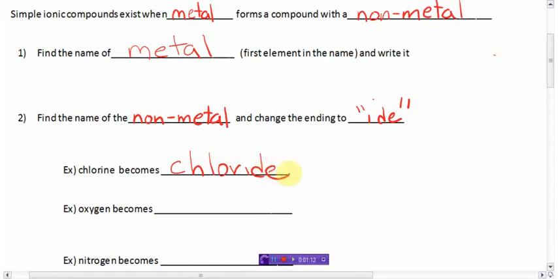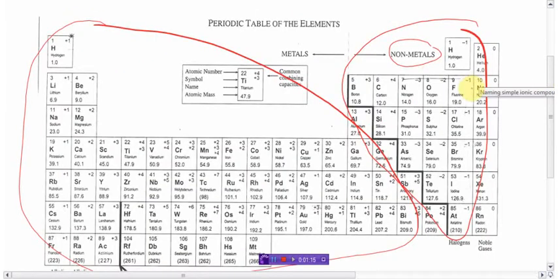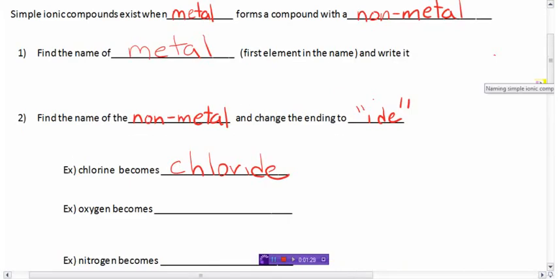So if we look at the periodic table, all the halogens in this column here end in INE, so they will all be changed to have an ending of IDE. Oxygen becomes oxide.